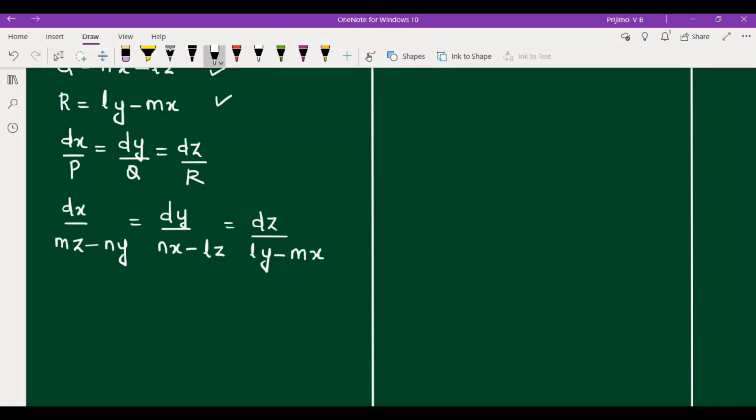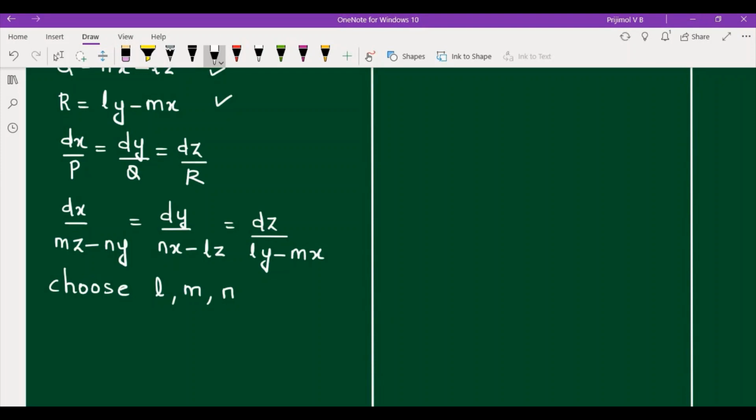Now how is this possible? I told you, you have to choose the multipliers in such a way that the denominators after multiplying with the Lagrange multiplier becomes 0. Either it must be becoming 0 or the whole ratio must be integrable. Now if I choose L, M, N as a multiplier, let us see what happens.